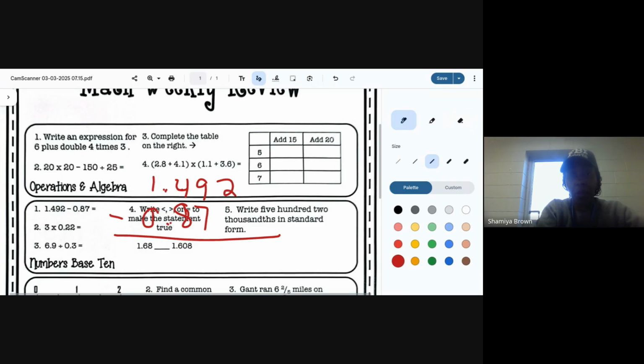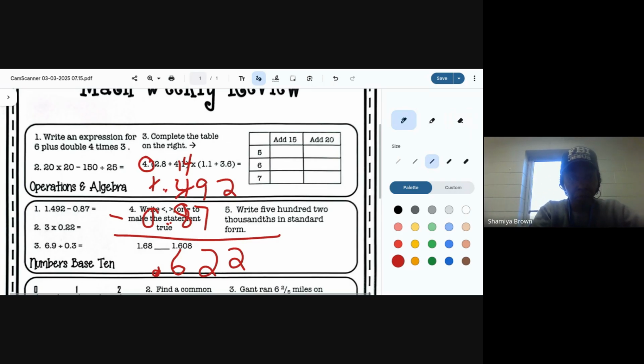But I know it's 2 minus 0, so that's going to be 2. 9 minus 7, 2. 4 minus 8, I can't do, so I need to borrow from that 1. That becomes a 0. The 4 becomes a 14. Now I can subtract 14 minus 8, 6, and then 0 minus 0. So my decimal will be right here. So my answer would be 622 thousandths.